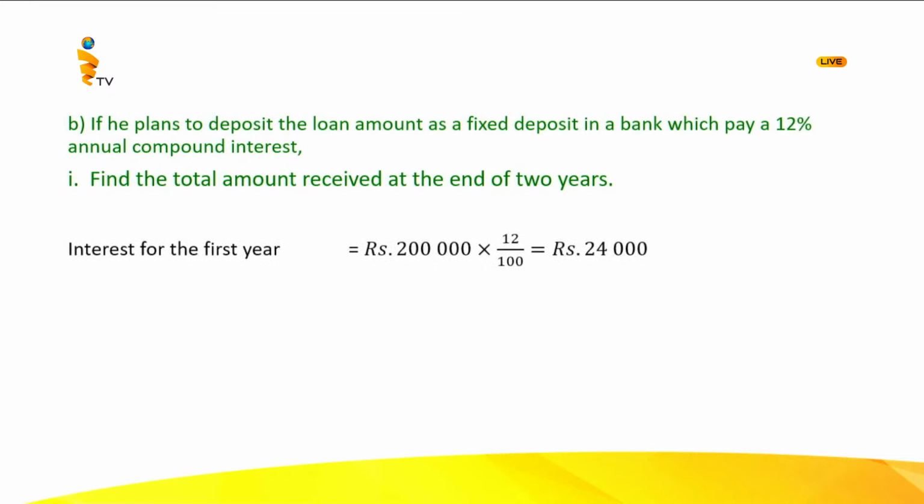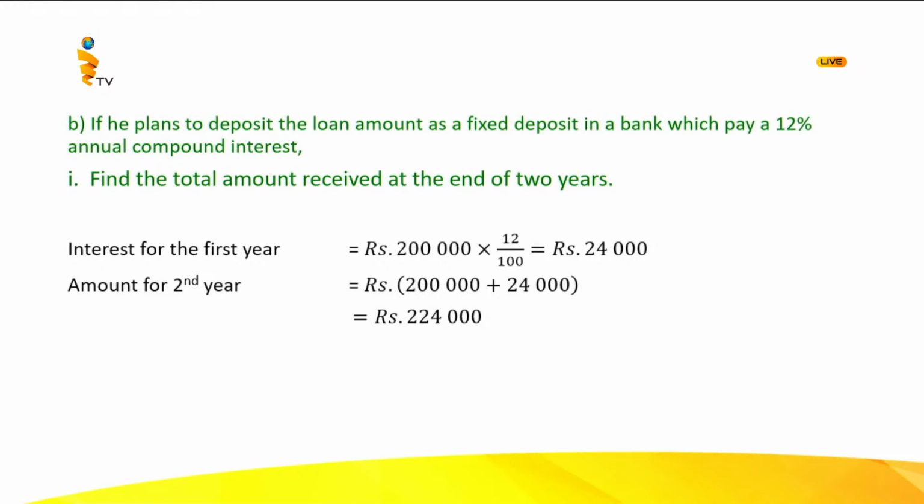First I have calculated the interest of the first year by multiplying 200,000 rupees by 12 over 100, that will be 24,000 rupees. When you are calculating with compound interest, the amount for the second year will be 200,000 rupees and 24,000 rupees. So, the amount for the second year will be 224,000 rupees.